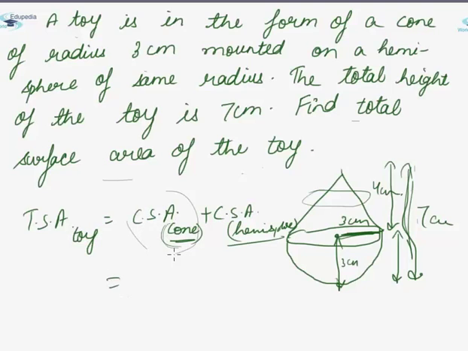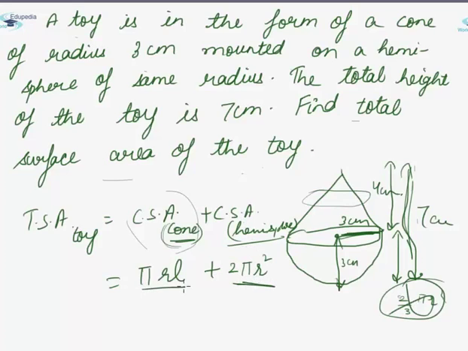So the total surface area is the curved surface area of cone, given as pi r l, whereas curved surface area of hemisphere is given as 2 pi r square. 2 by 3 is for volume, which is 2 by 3 pi r cube. So anyways, curved surface area of hemisphere is 2 pi r square.